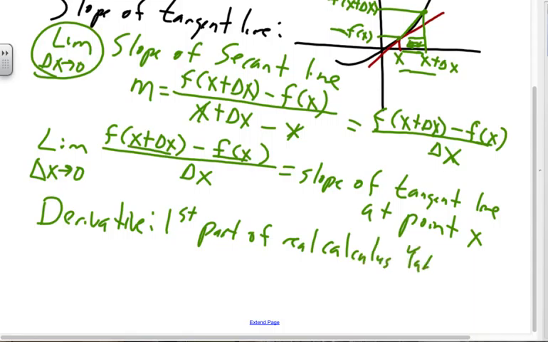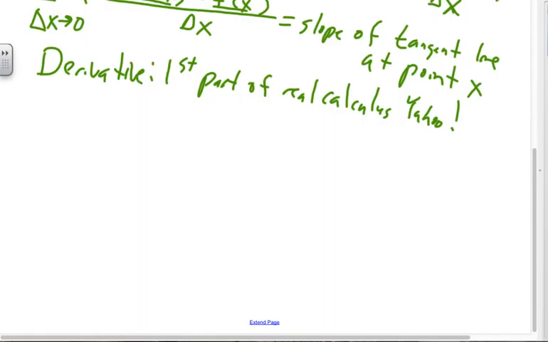Yahoo! Finally into some calculus. So the slope of the tangent line is the derivative, and the limit definition of it is this guy up here.